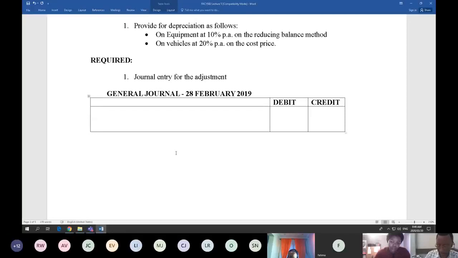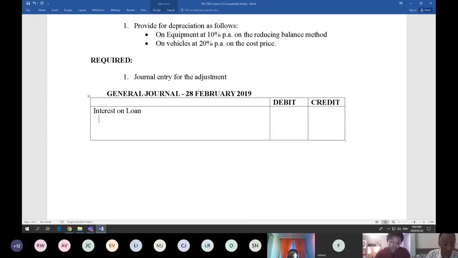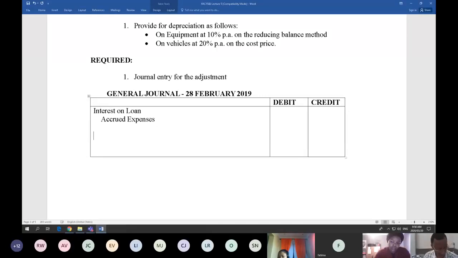So to record this in the general journal, debit the expense account, interest on loan, and you credit your account, accrued expenses. Now, guys, let us quickly calculate here.